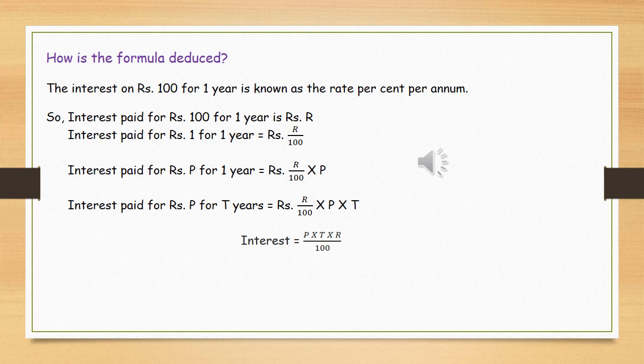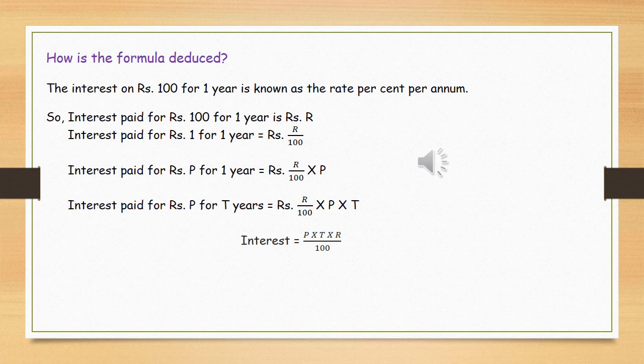So interest paid for rupee 1 for 1 year will be rupees R by 100. So interest paid for rupees P, because P is the total amount which is borrowed or lent, for 1 year, that is equal to rupees R by 100 into P.